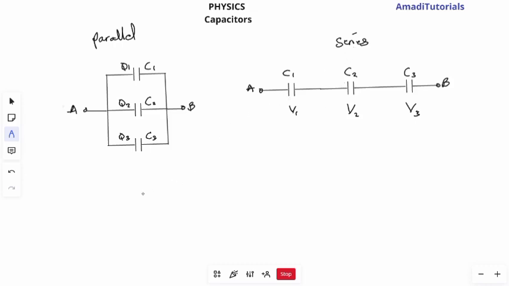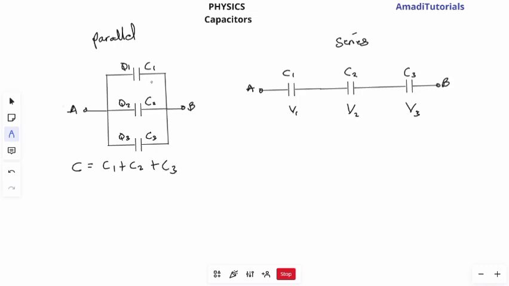So the few points you need to note about the connection is this. For the parallel connection, the equivalent capacitance C is given by the sum of the individual capacitances, that is C1 plus C2 plus C3.